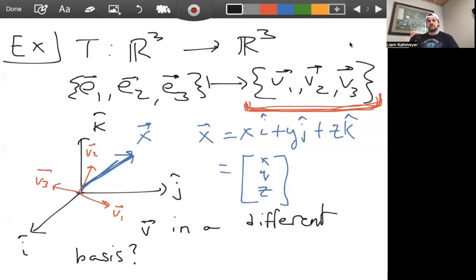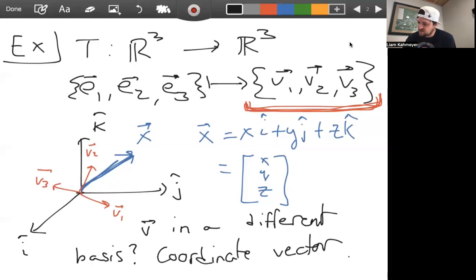How could we understand the same vector, but in a different basis? Well, this is the notion of a coordinate vector. So the answer is a coordinate vector.